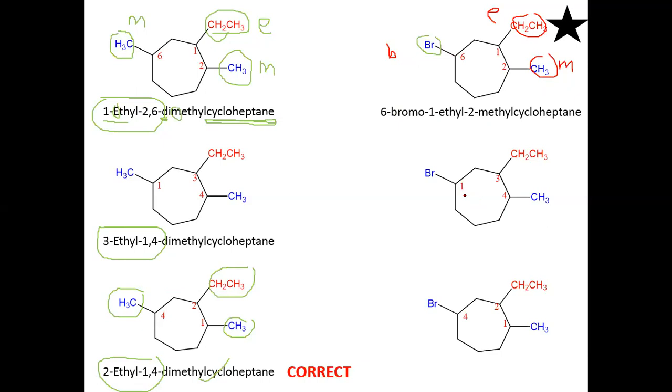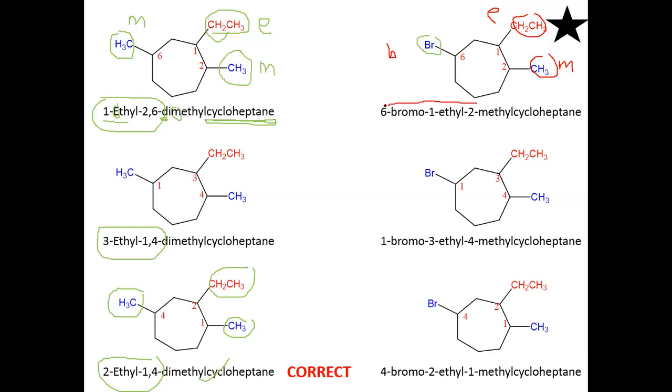Okay, yang kedua, kalau numbering kita berubah. 1 dekat nombor bromo, 3 dekat ethyl, 4 dekat methyl. So 1 bromo, 3 ethyl, 4 methyl, cyclohexane. Okay. So kalau numbering yang ni pula, dia akan jadi 4 bromo, 2 ethyl, 1 methyl, cyclohexane. So, lepas tu, go through the numbering.